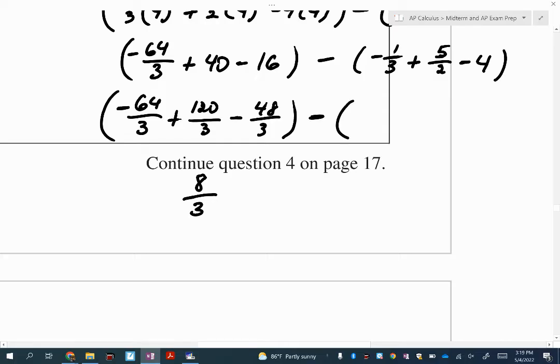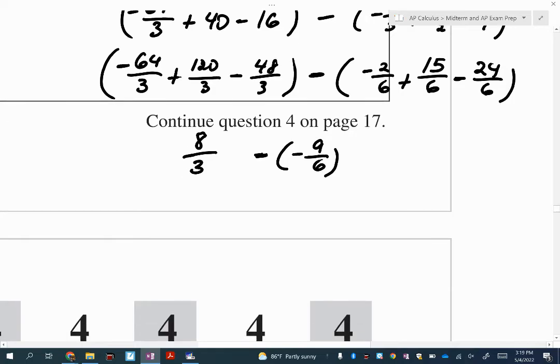Okay, minus, let's get a common denominator here. What's that going to be? 6, so negative 2/6 plus 15/6 minus 24/6. If I make a mistake, please tell me. Let's see, so that's going to be 13/6, negative 9/6. One more common denominator.